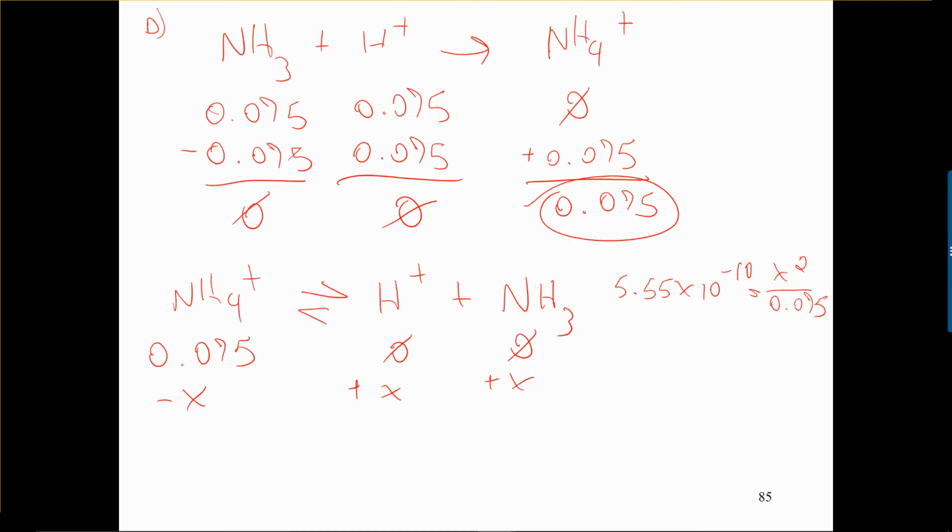It's 10. 5.55 times 10 to the negative 10 is the Ka. So X equals what? 0.002. And so my pH is the negative log of that. 2.69. Whoa.